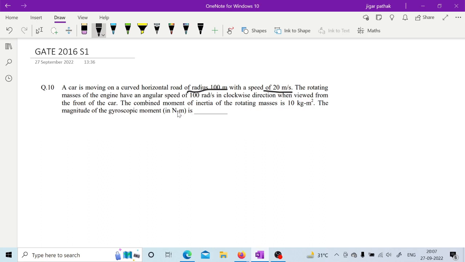The rotating mass of the engine has an angular speed of 100 radian per second in clockwise direction when viewed from the front of the car. The combined moment of inertia of the rotating mass is 10 kg meter square. The magnitude of the gyroscopic moment in Newton meter is.